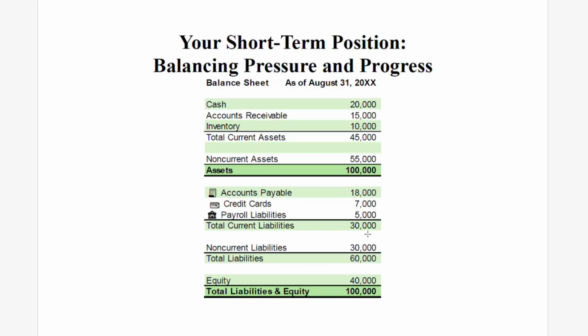So, this is where a lot of business owners can get tripped up because, for example, and we'll talk about this in more detail later, these current liabilities not getting recorded properly can mislead.